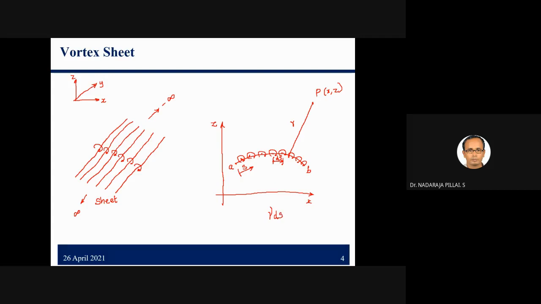So this gamma ds induces an infinitesimally small velocity dv at point P. Please note it. ds is an elemental length, and we have a vortex sheet of strength gamma, which I mentioned is for this particular elemental length.